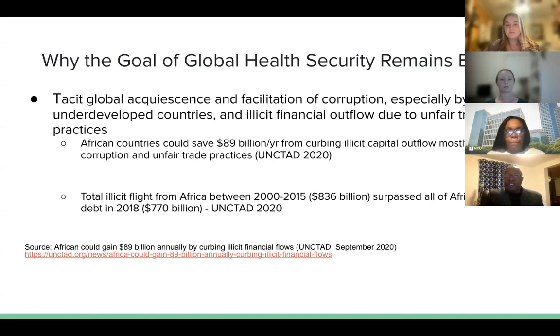They also report that the illicit money flowing from Africa because of trade is just over $800 billion in 2018. And if this is the case, then Africa is actually a net exporter of resources. So at the end of the day, why is so much money really leaving Africa?